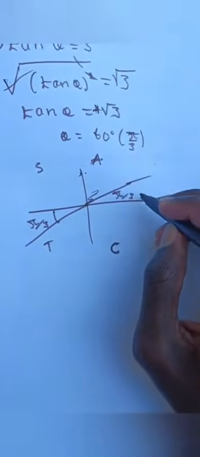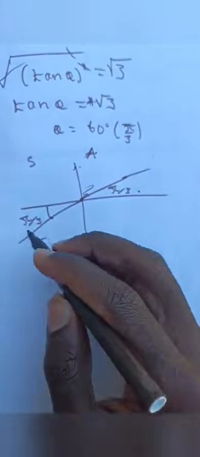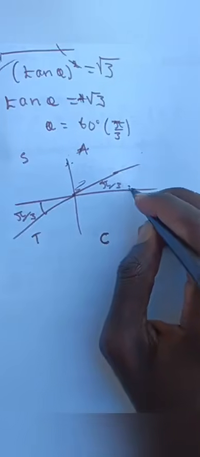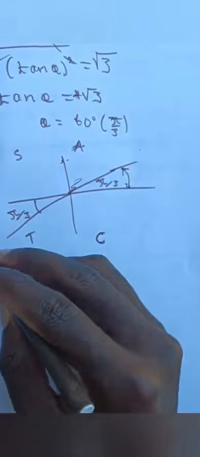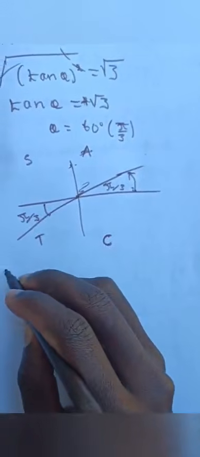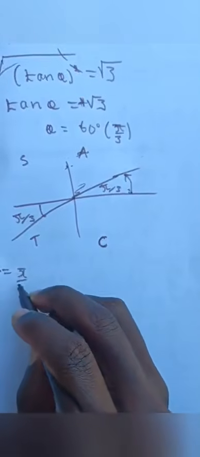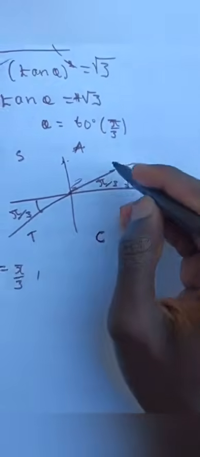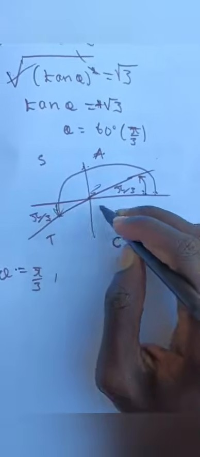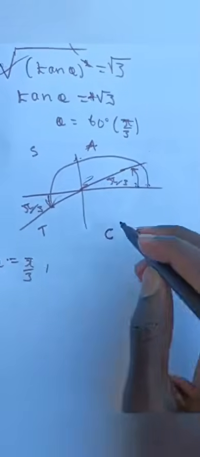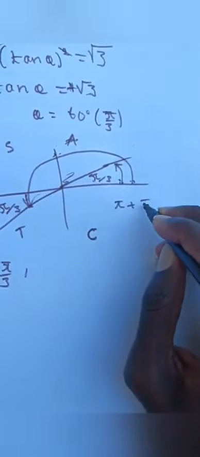Okay, so the first value is going to be this one, because from the positive of the x-axis to where the first helping angle is, we are just having pi over 3. Okay, and then from the positive of x to where the other helping angle is, it's going to be like this: 180 plus pi over 3.